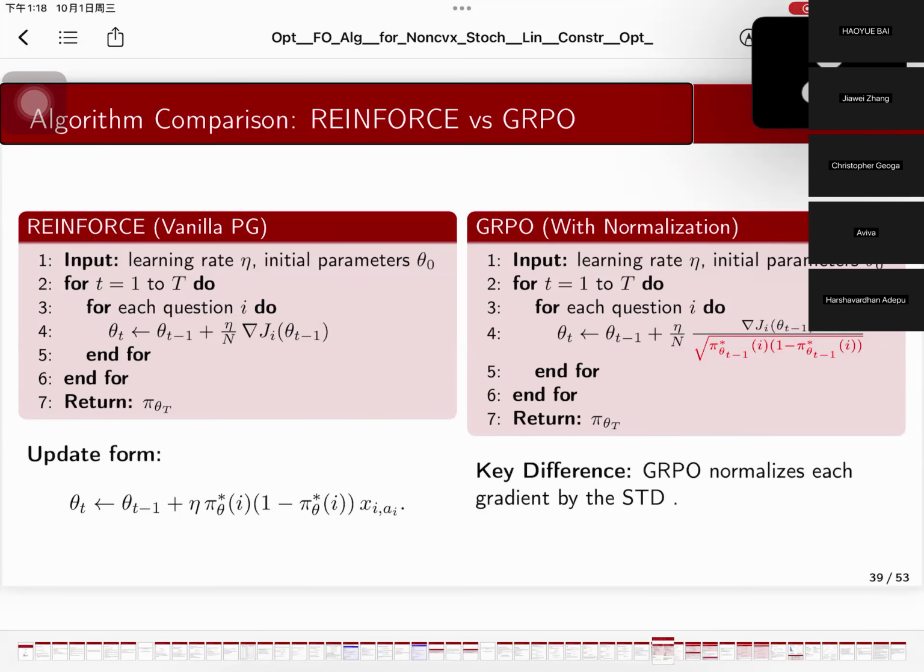You can see the first algorithm, policy gradient, is just gradient ascent for the objective function. GRPO is also gradient ascent, but the step size is divided by the standard deviation. This is the only difference. It means that we just choose different step size schemes for these two algorithms.